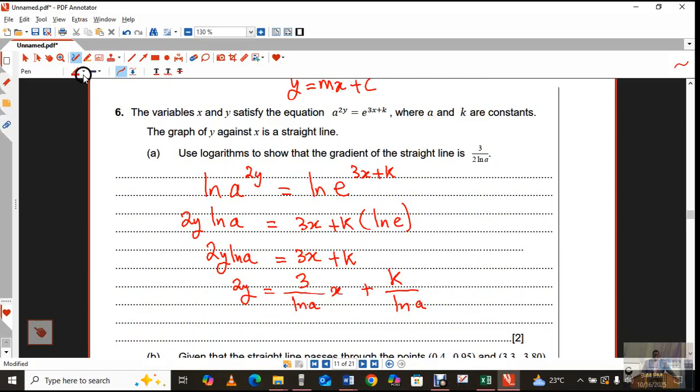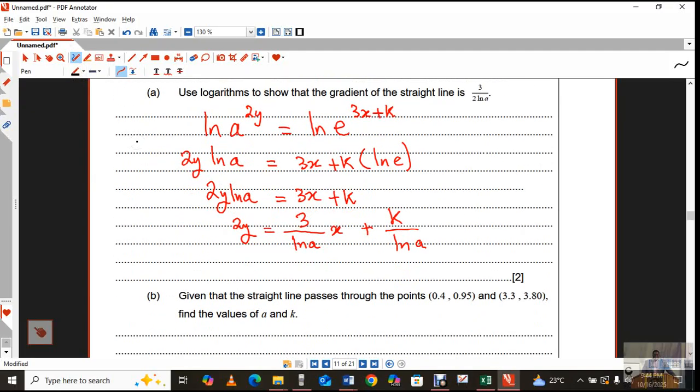And if I do that, I'm going to end up with y equals 3 over 2 natural log of a of x plus k over 2 natural log of a. What is the gradient? This is the gradient, y equals mx plus c. And that is what we're supposed to show, and we have that.